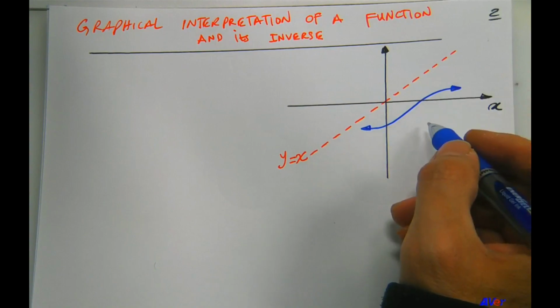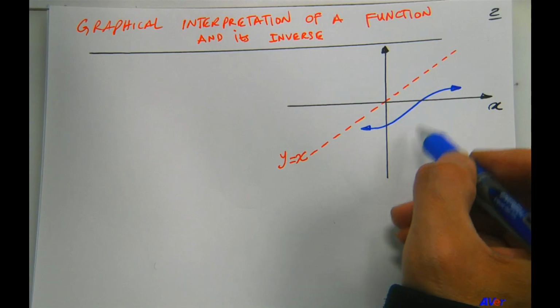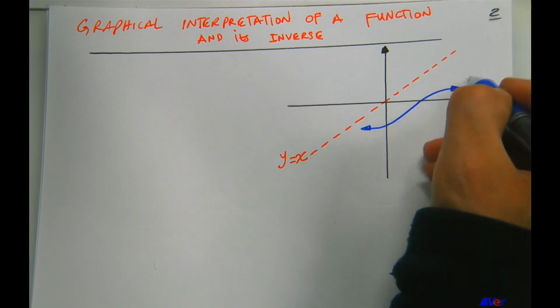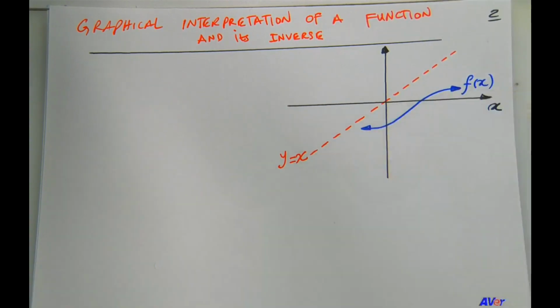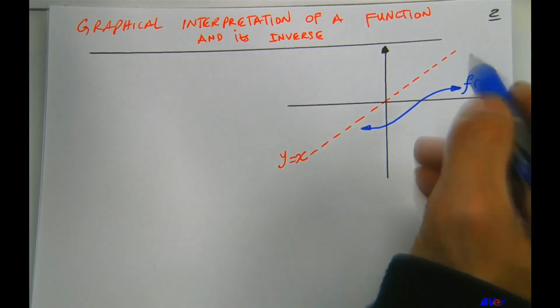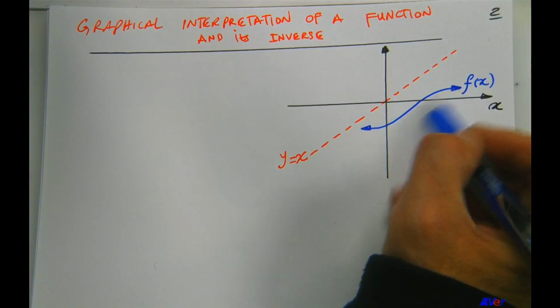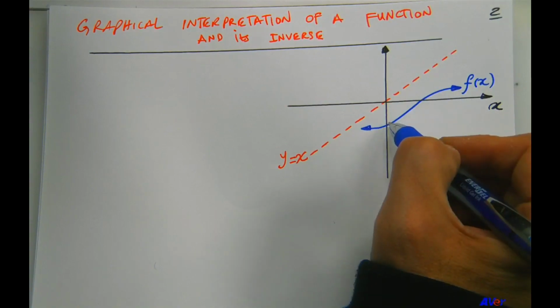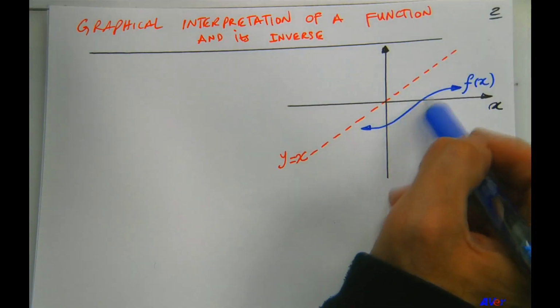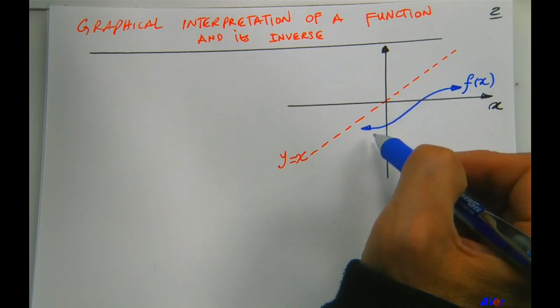I'm not sure if I have the correct function on the paper, but let's say some function graphs like that. Then the inverse, and we assume this is some one-to-one function, right? Let's assume that.